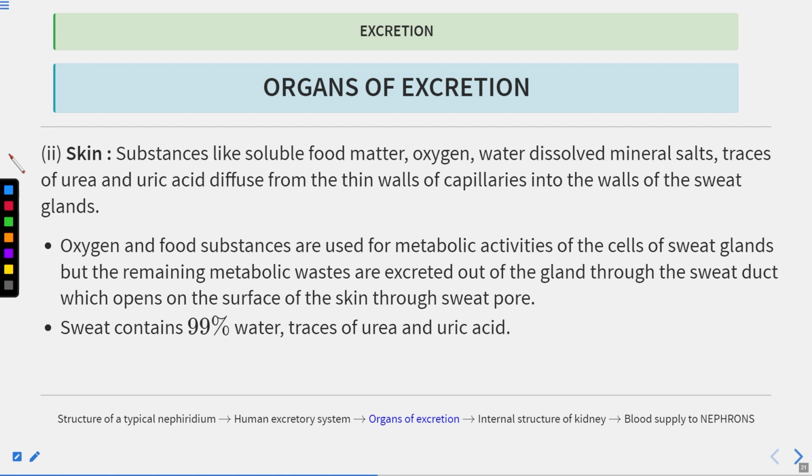Now the next organ is skin. So skin is also an organ of excretion. Now what happens? Substances like the soluble food matter, oxygen and water, dissolved mineral salts, as well as the traces of urea and uric acid diffuse from the thin walls of the capillaries into the walls of the sweat glands.